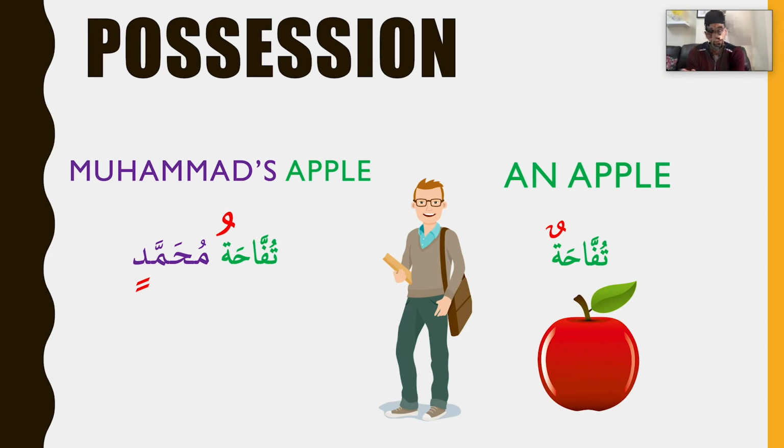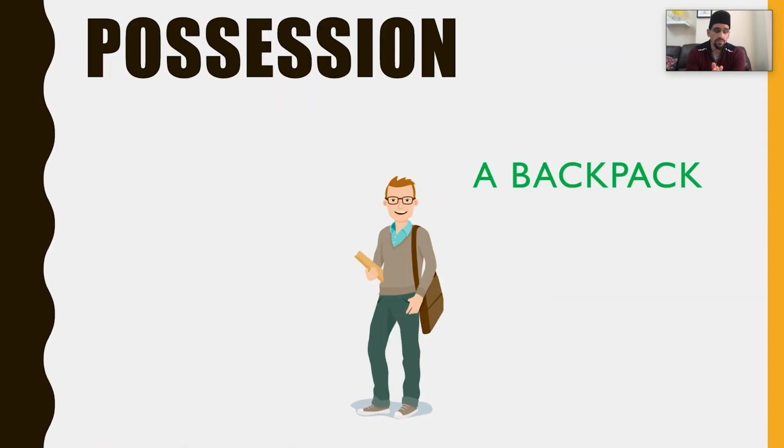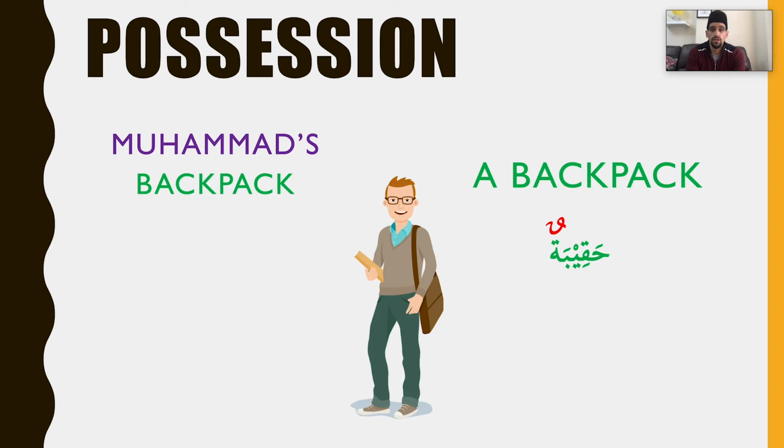So it's the same rule. It changes from tuffahatun to tuffahatu Muhammadin. And lastly, a backpack is haqibatun. And now we will say Muhammad's backpack, haqibatu Muhammadin. I think you should understand by now.